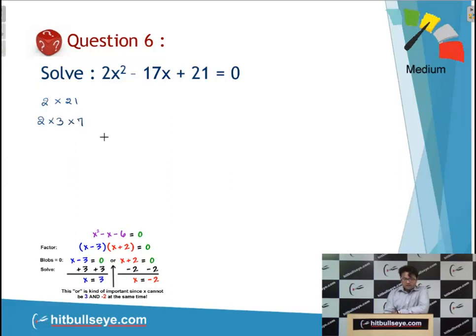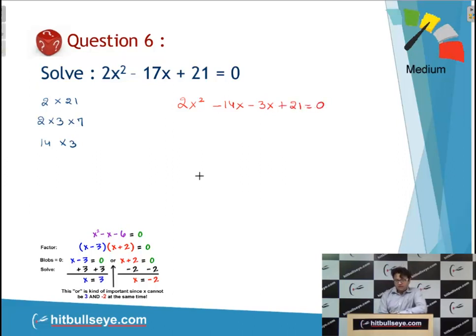And the two factors which could result into 17 are 14 and 3. So what I'll do here, student, is 2x square minus 14x minus 3x plus 21 equal to 0.